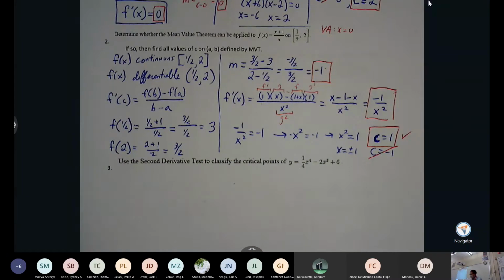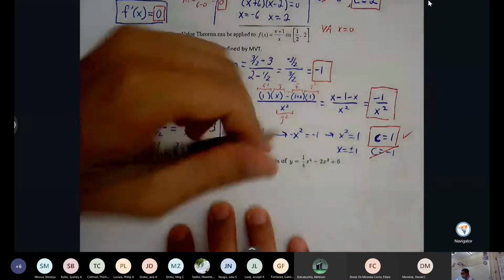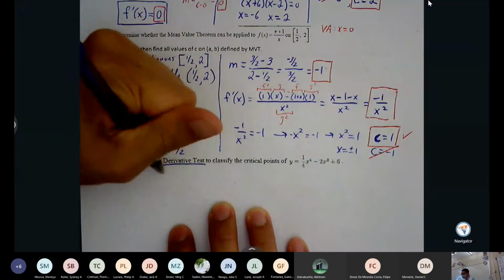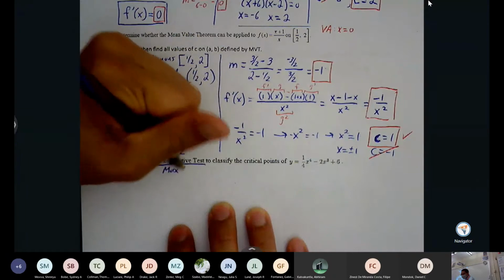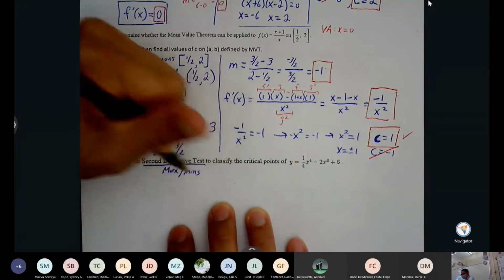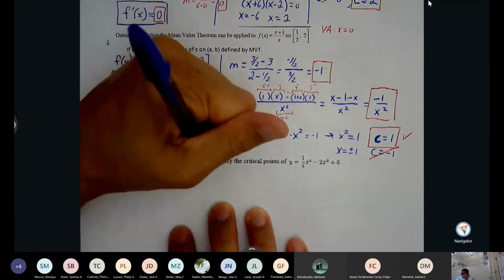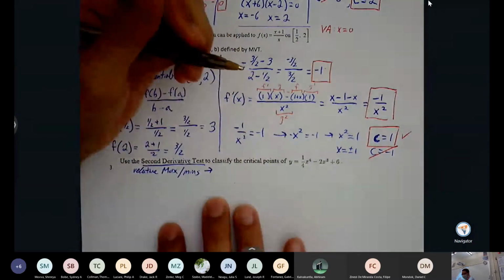All right, number 3, use the second derivative test to classify critical points. So we're going to find max and mins, right? Find the relative max and mins. So here's what we're going to do.